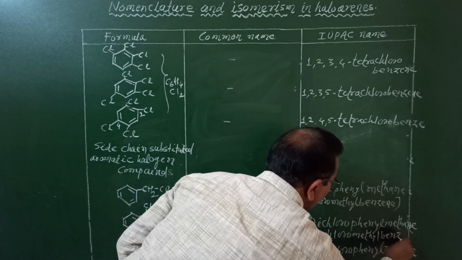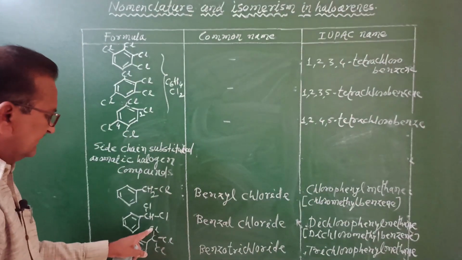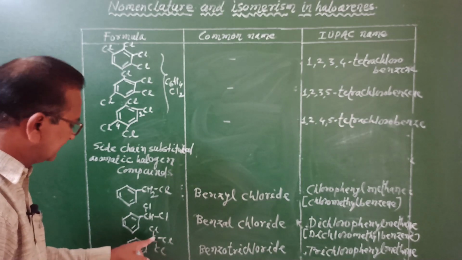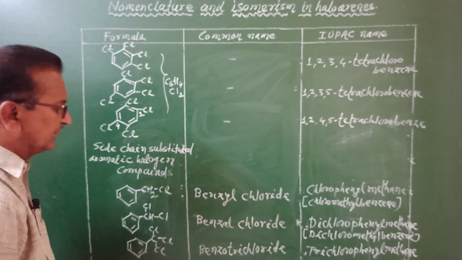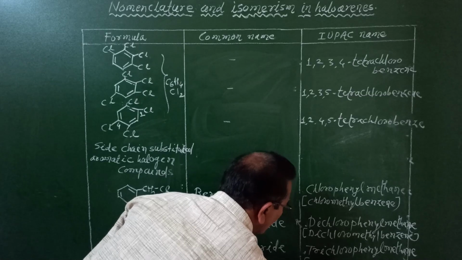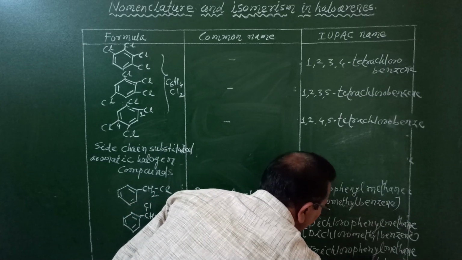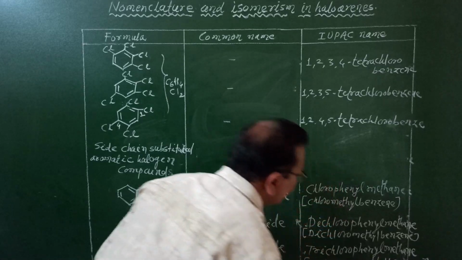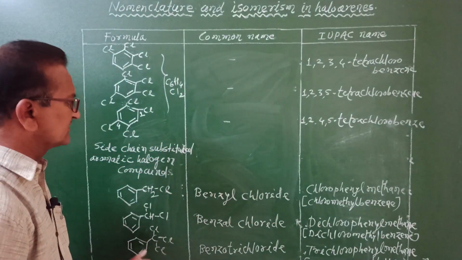Now let us see this one. Here, three chlorine atoms are considered as substituents on the methyl group. Therefore, this is called trichloromethylbenzene. These are also IUPAC names for these compounds.